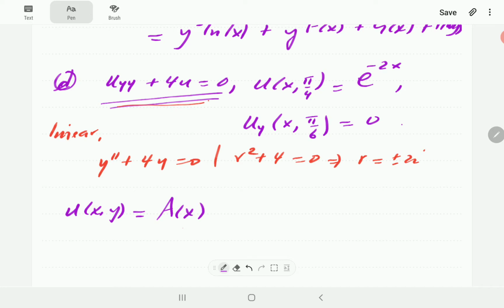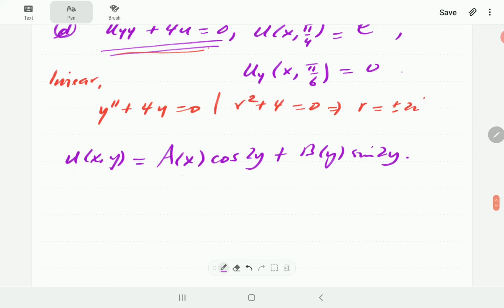So when you integrate partially, you get arbitrary functions as opposed to arbitrary constants. So this is going to be our general solution.